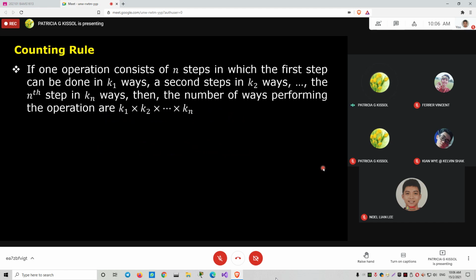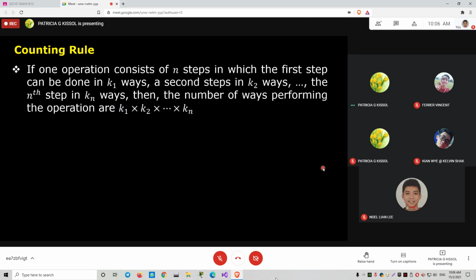So it's basically a counting process in such that, say, we have n steps in which the first step can be done in k1 ways, the second step is in k2 ways, and it continues until n steps in kn ways, then the number of ways of performing the operation are simply multiplying all the ways.